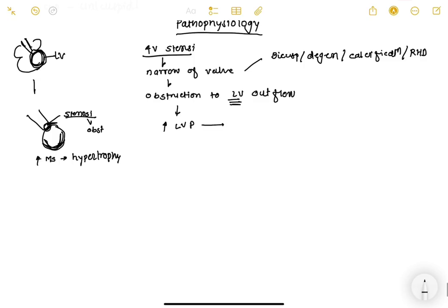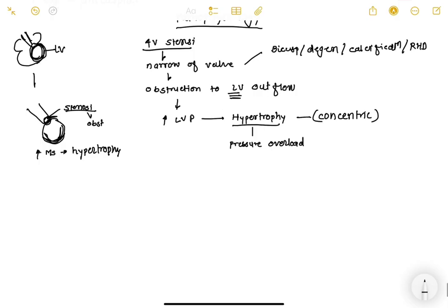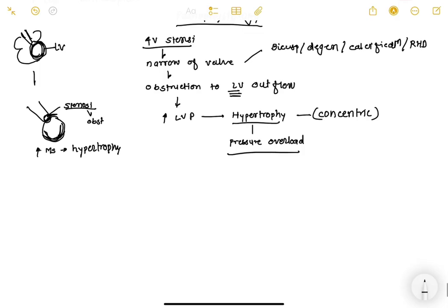So it leads to hypertrophy, and there is a pressure overload. And what type of hypertrophy do we get in this? It's concentric.